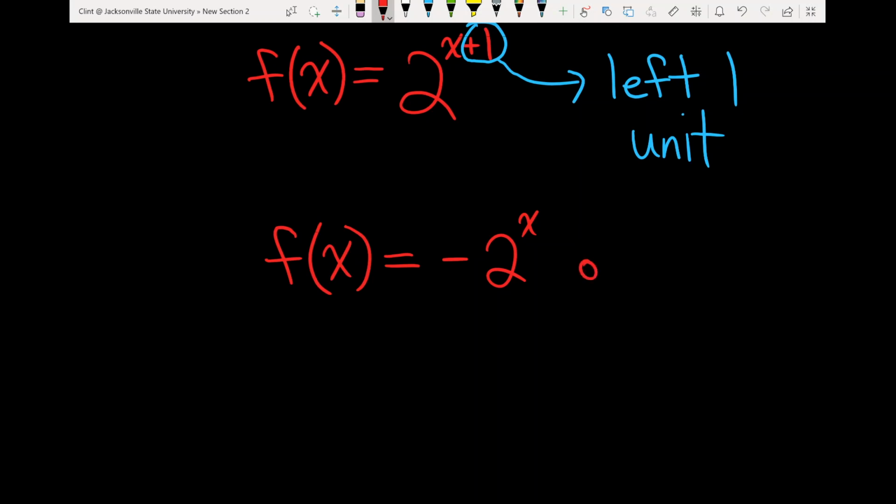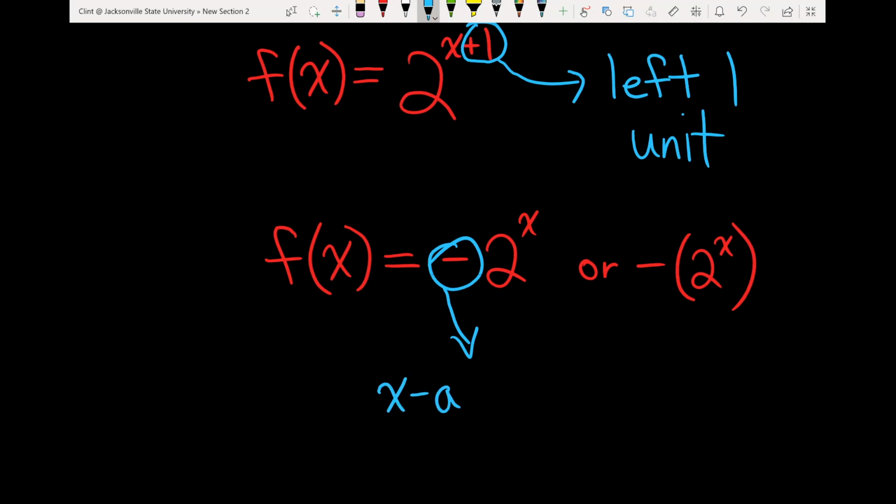Or another way you could write this, maybe to make it more clear, is negative (2 to the x). Those two mean the same thing. Well, what happens then, if we remember from before, if we just put a minus sign out front, this negative is going to be a reflection. Which kind of reflection? It's going to take everything that had a positive y and change it to a negative y, so this is an x-axis reflection.